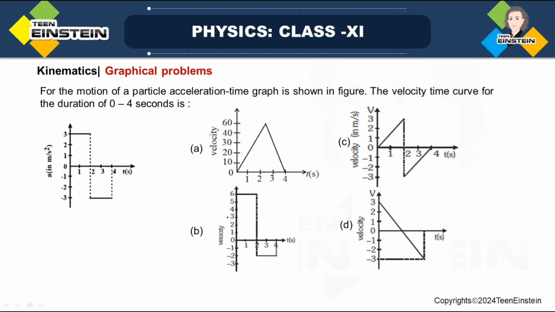Now look at this question. Like this figure, this is the acceleration. Up to 2 seconds, this is actually uniform acceleration, some a, so it is constant acceleration, with a positive value over here. Whenever there is a positive and constant acceleration, the velocity will be uniformly increasing.